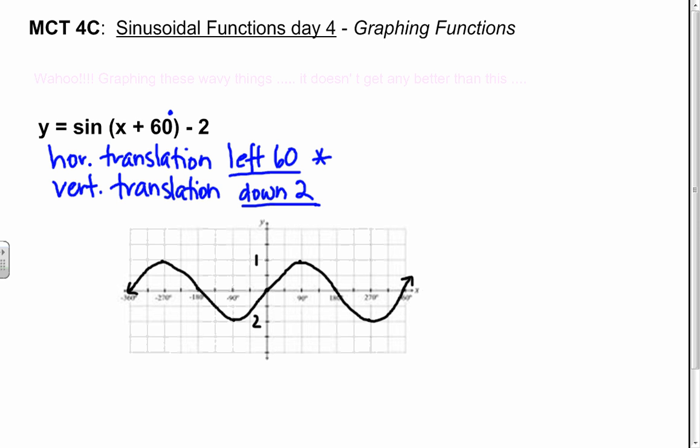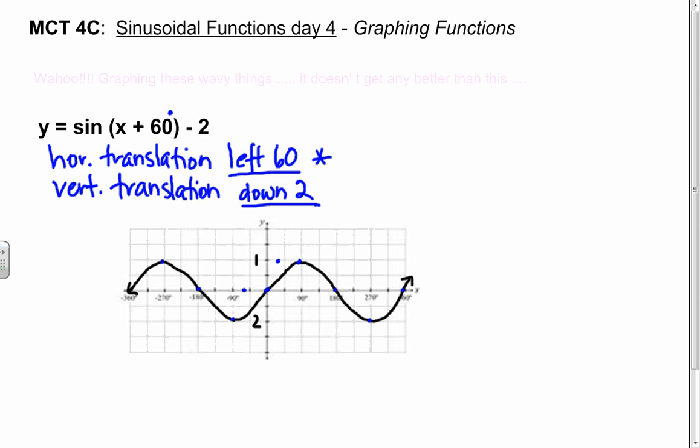So I'm going to take my entire function and I'm going to look for those key points just to make it easier. And I'm going to move all of those points over 60 degrees to the left. So each one of my squares on this particular grid paper is 45, so that's not quite as easy, but 60 degrees is 2/3 of, there we are. So that one goes to the left that way.